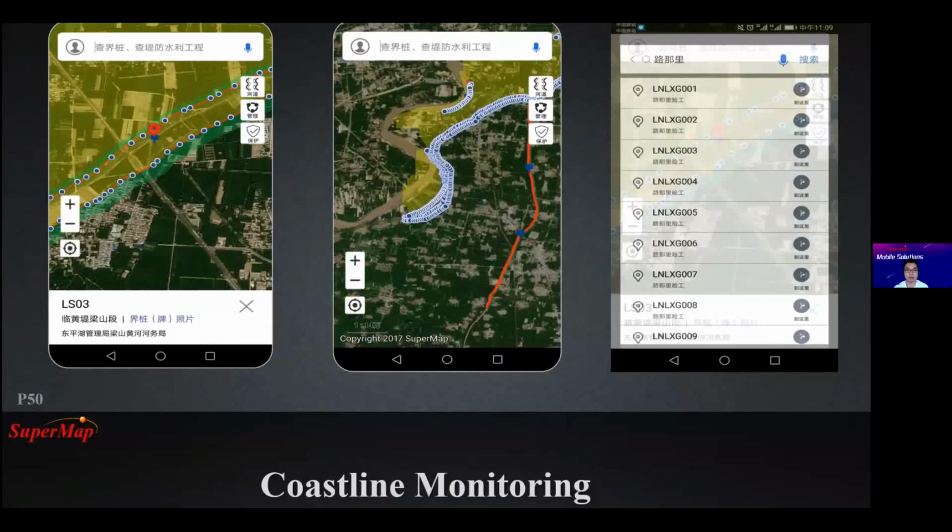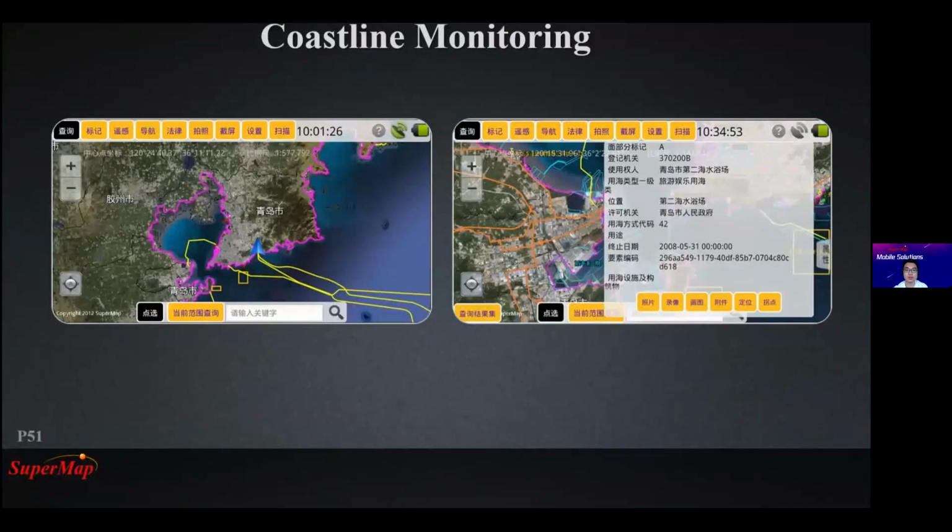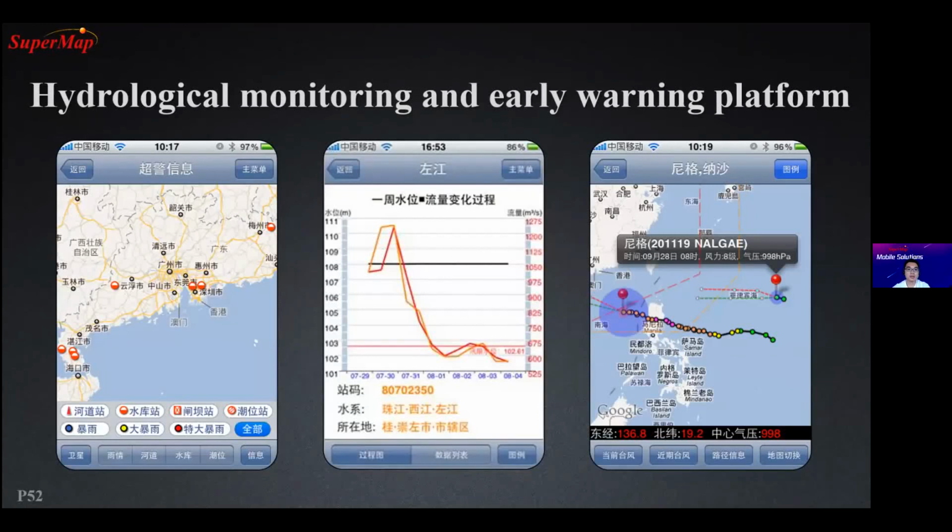And for some coastline monitoring, we can use this application to collect the boundary for the coastline and also the land use for different areas. And for some hydrology early warning, you can see by our mobile application, we can receive the data, or we can report some emergency situation to the data center.